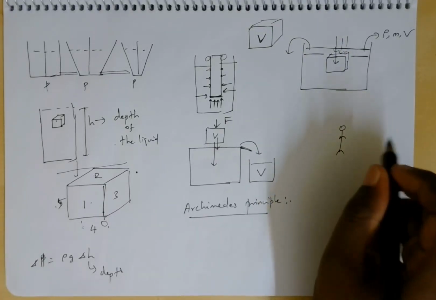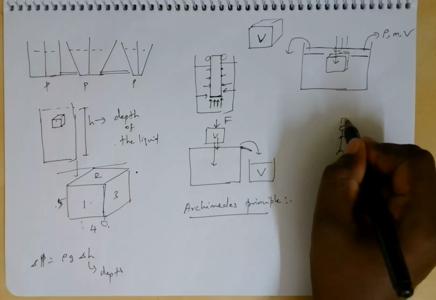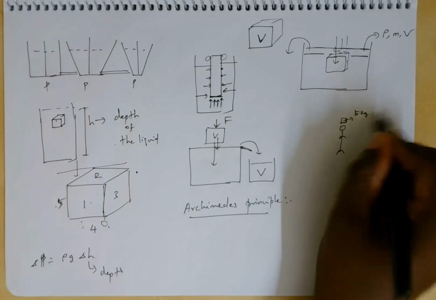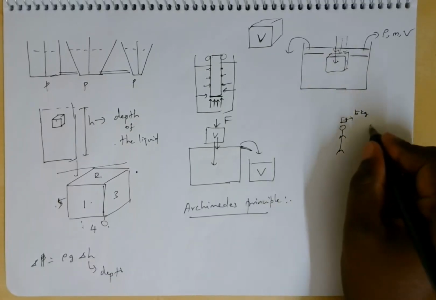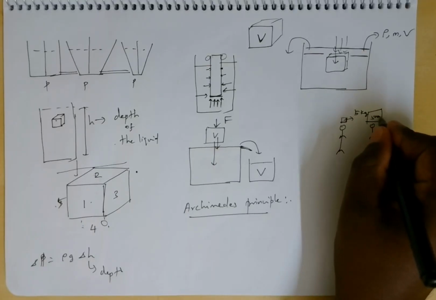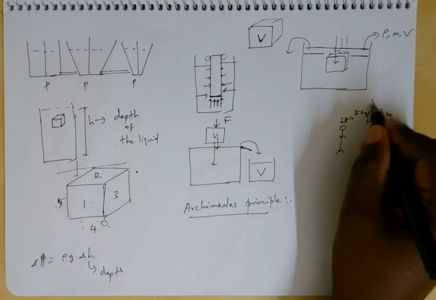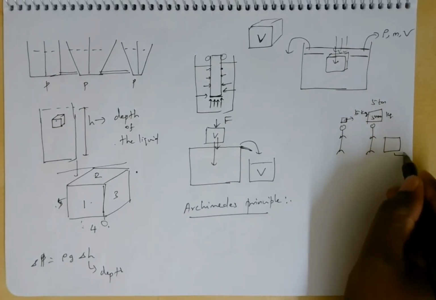Let's say this person is strong enough. If you put a 5 kilogram stone on his head, will he stand or fall? He will stand. Now if you put 5,000, he'll fall.